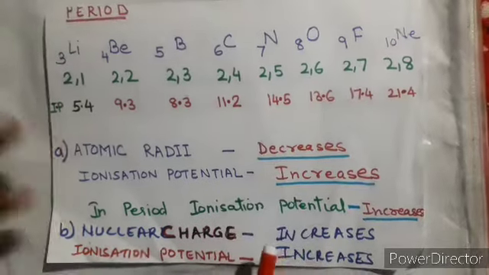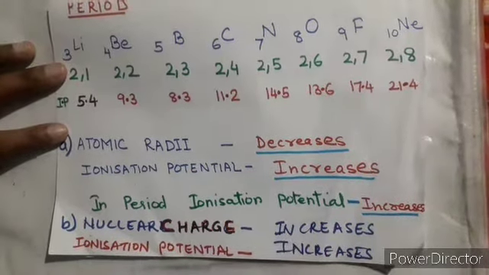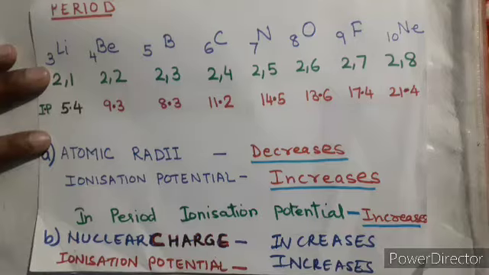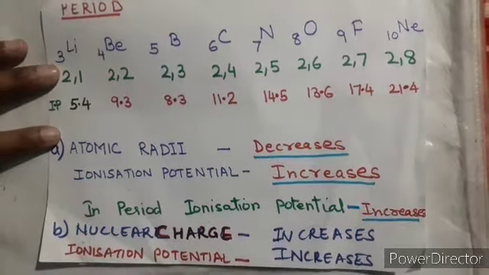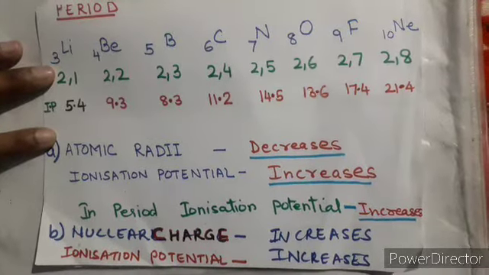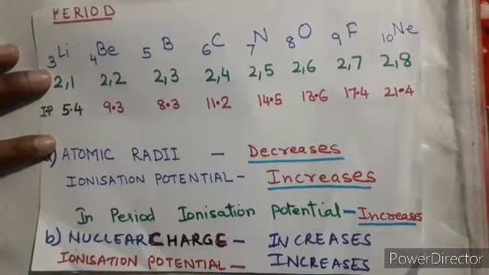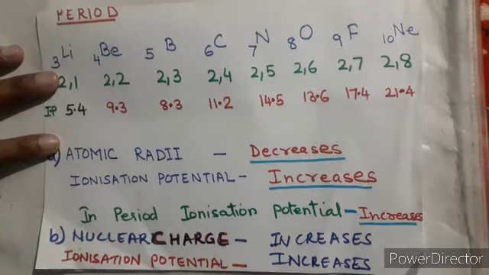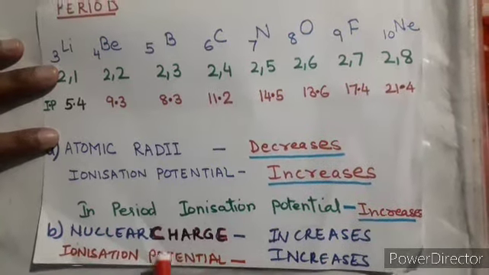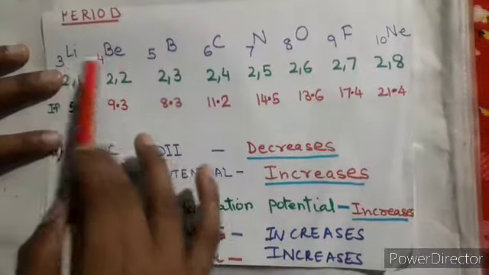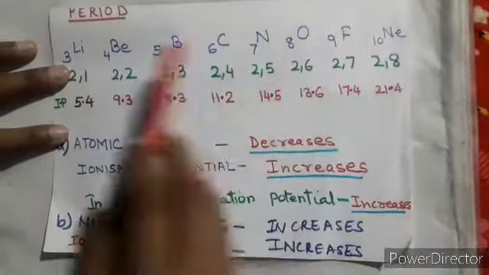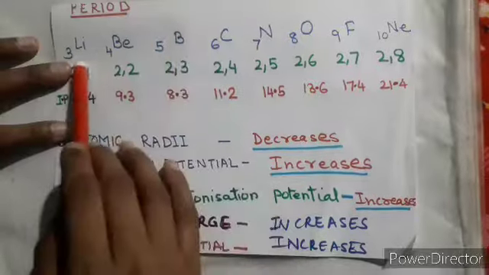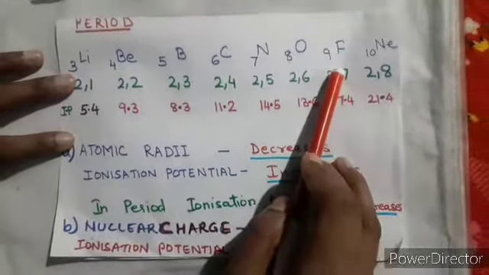Because the number of protons is increasing. You know that the modern periodic table is arranged according to the increasing order of atomic number, right? So every time the atomic number is increasing, the number of protons is increasing, and the positive charge on the nucleus is also increasing, right?